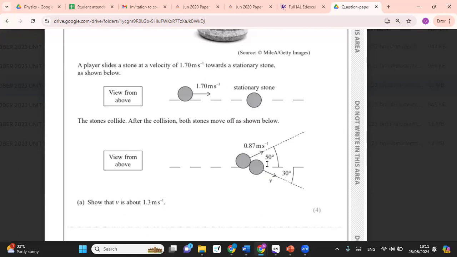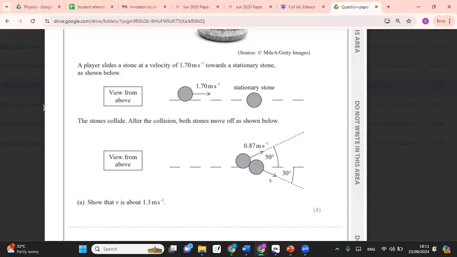Momentum before the collision is just in the horizontal direction. So when we solve this question, we can talk about conservation of momentum.